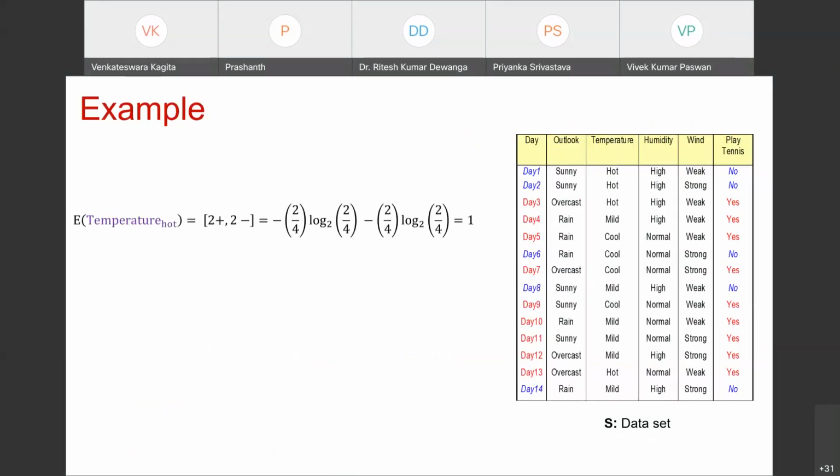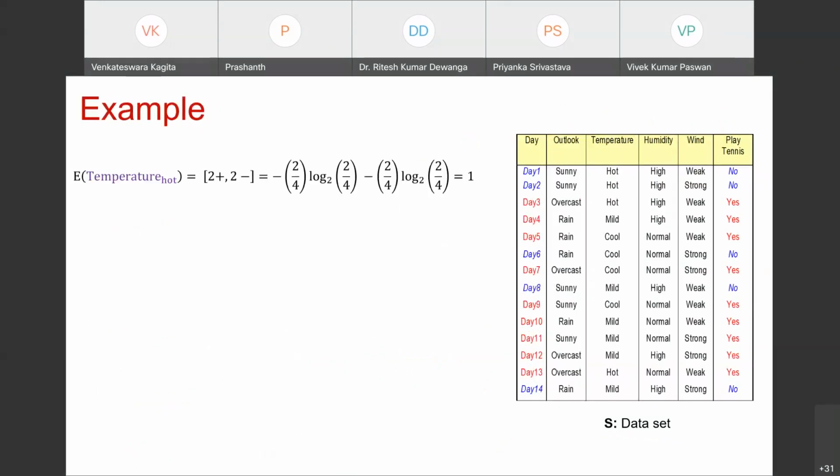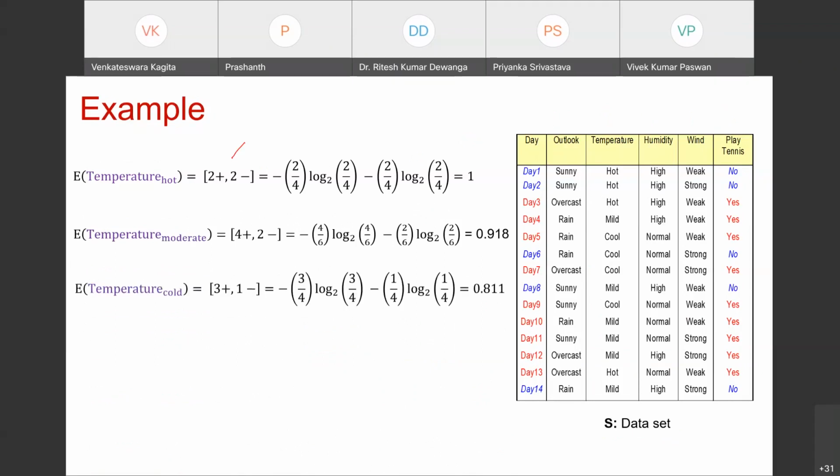Entropy with respect to temperature hot is 1, completely impure, 2 positive, 2 negative. Entropy with respect to temperature mild, 4 positive, 2 negative, is 0.918. Entropy with respect to temperature equal to cool is 0.811.